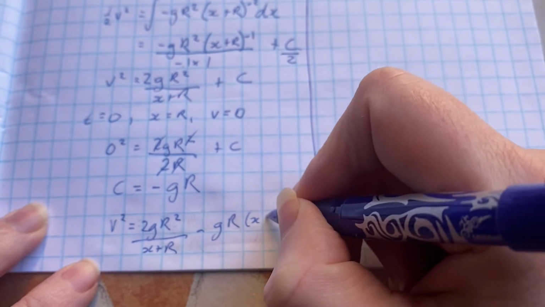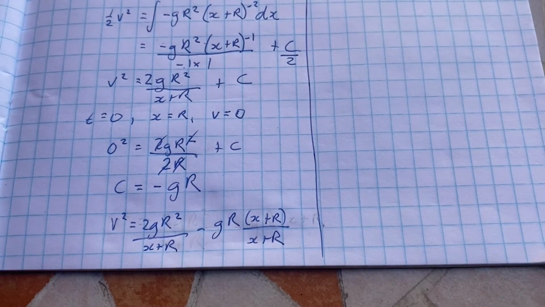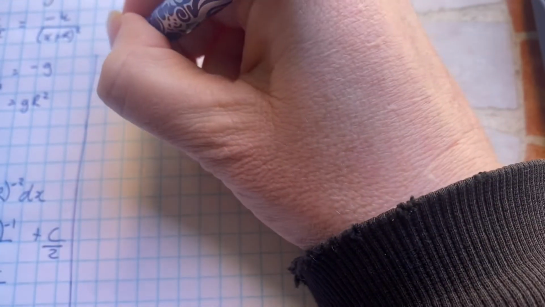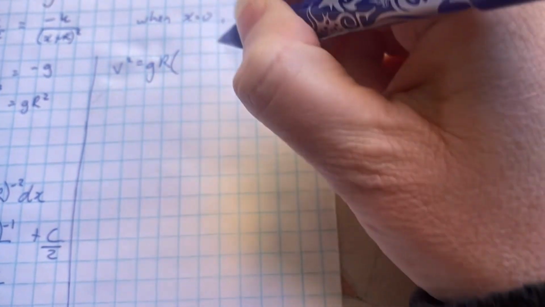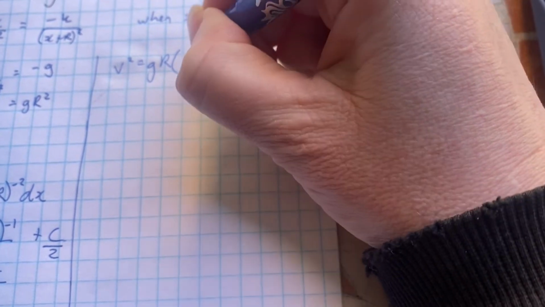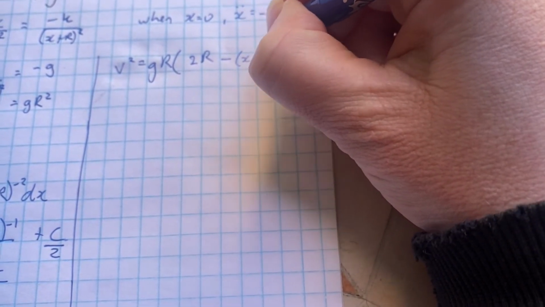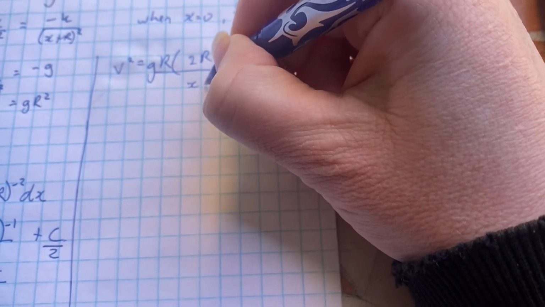So I'm going to multiply that by (x plus r) over (x plus r). I'm also going to factorise out the g r. So v squared is equal to g r. That leaves me with the first fraction of a 2r minus an (x plus r) over (x plus r).